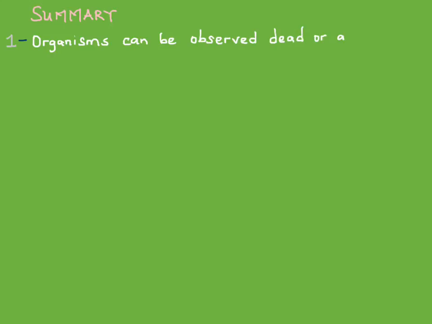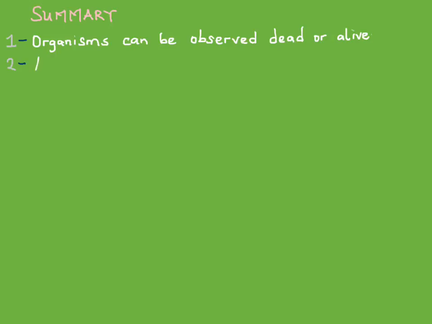We have come to the end of our lesson. Let's now do a quick review on what we've learned so far from this lesson. In this lesson, we learned that organisms can be observed in the field or in the laboratory, dead or alive.